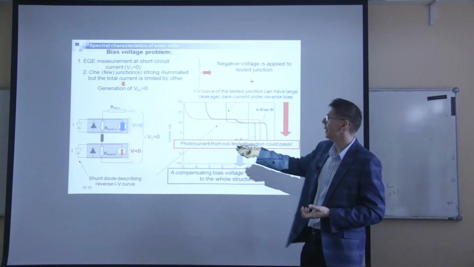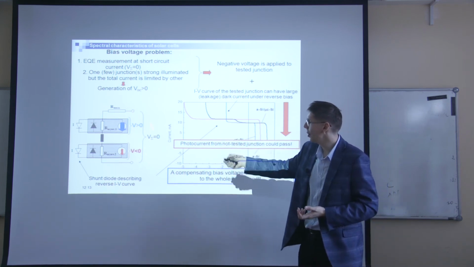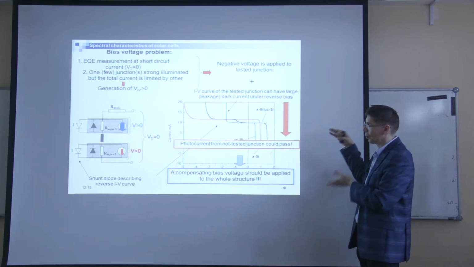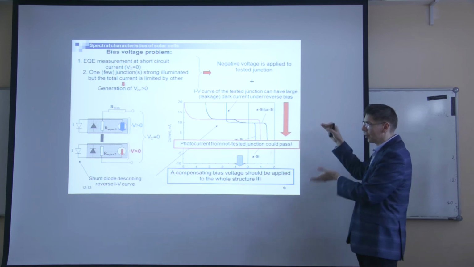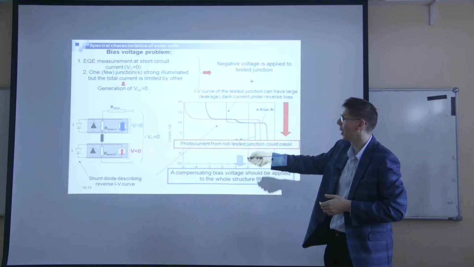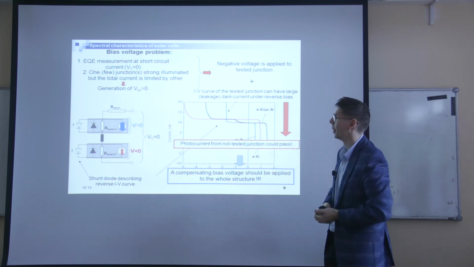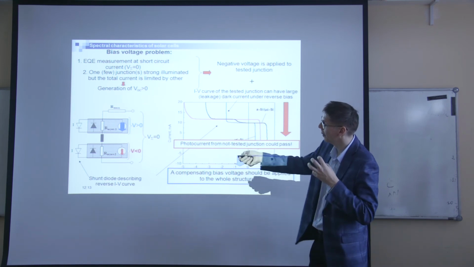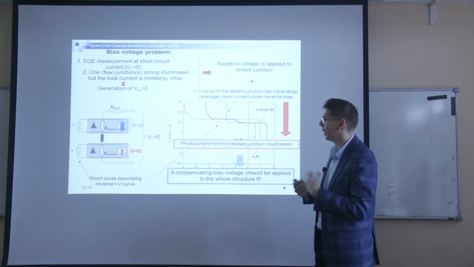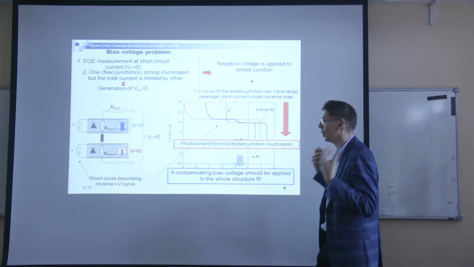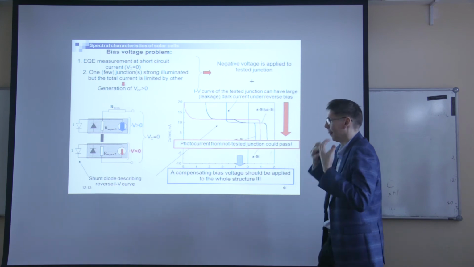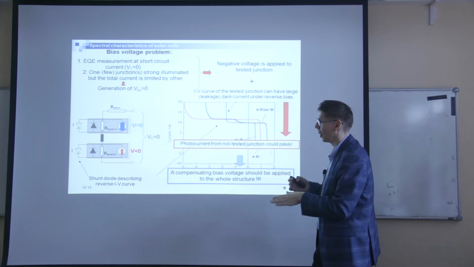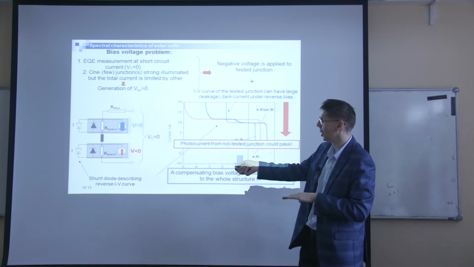It means that the external voltage of your solar cell is equal to 0. So you measure the short circuit current, you just measure the current in the external circuit. And then you have a low intensity of monochromatic light. You need to use low intensity of monochromatic light because you have to provide the condition of current limitation.